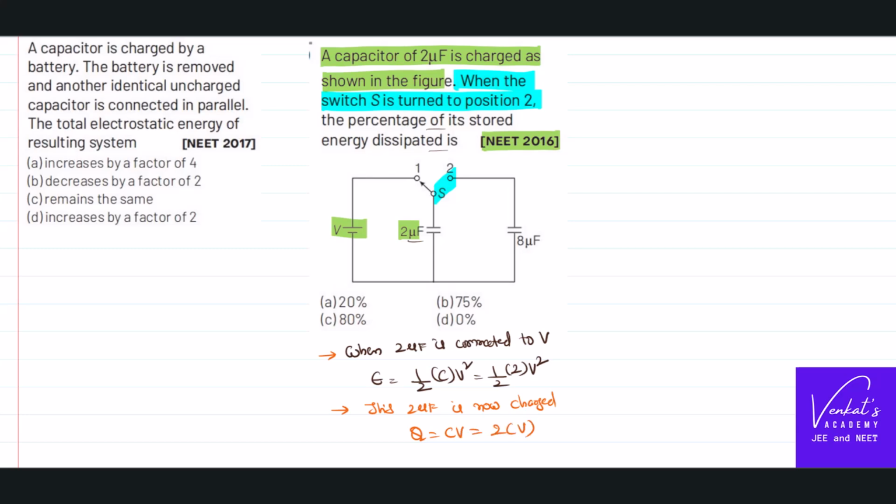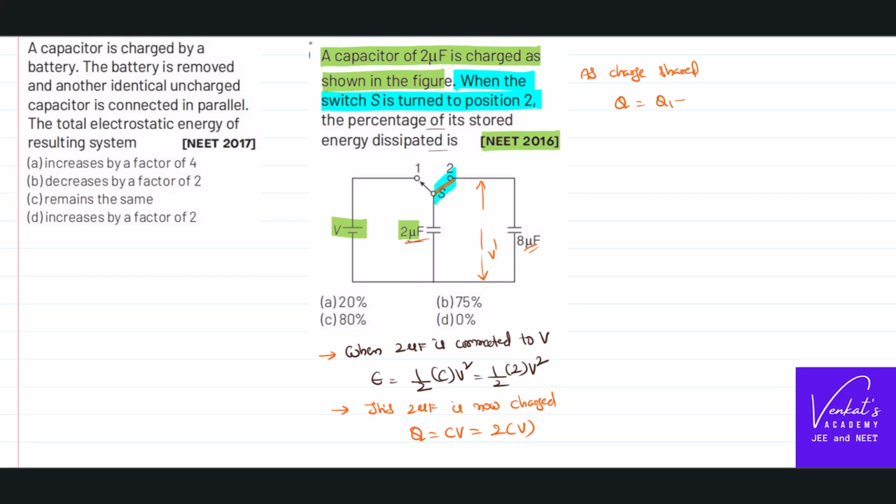C is 2, voltage is V, so this much charge is there on this. Now it is connected to this, so this charge will be shared between this 2 and 8. It is obvious that 2 and 8 are in parallel, so the potential is the same across both. Across this there will be a new potential V dash and the charge is shared, and charge is conserved.